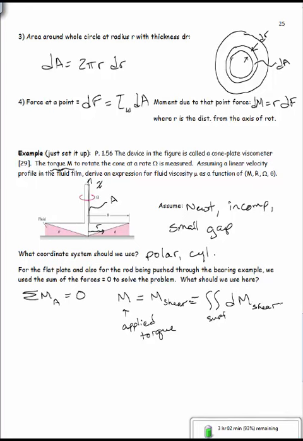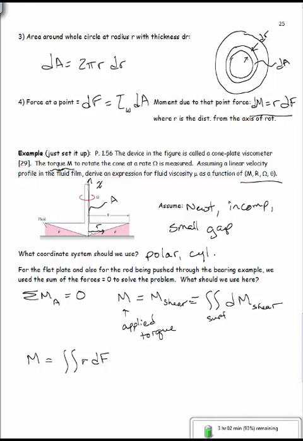Okay. Luckily, we have a formula right up here to help us out with that. So M, which is that applied torque, which is a given, we want to have M in our answer, so let's leave the M there, that's our applied torque. That is going to be equal to the integral of dM from the shear. Okay, well dM from the shear is R dF, right?